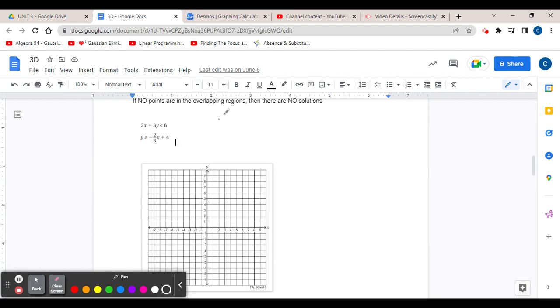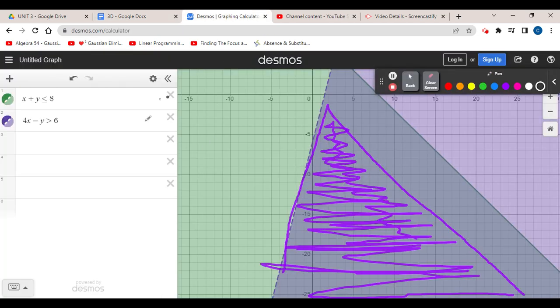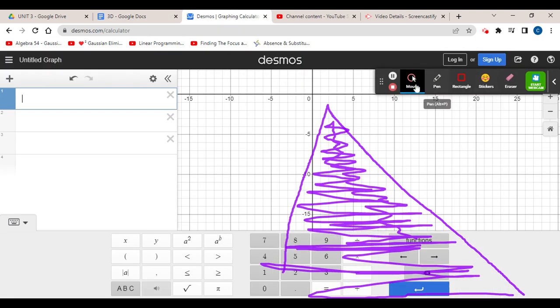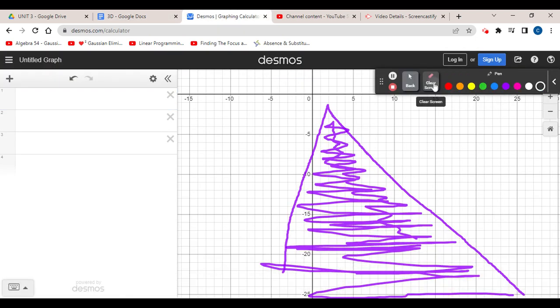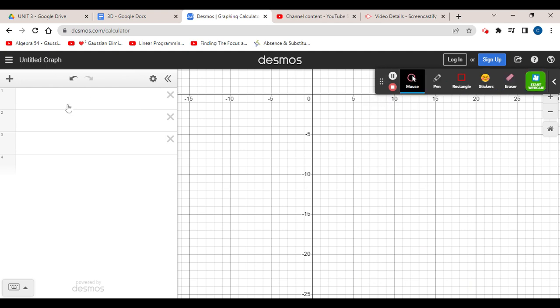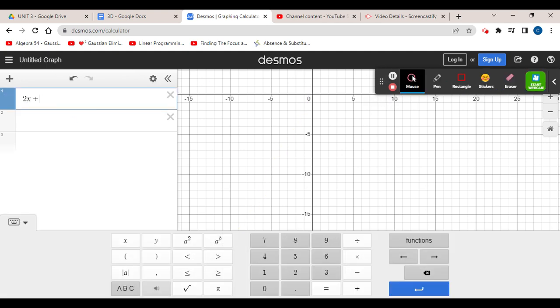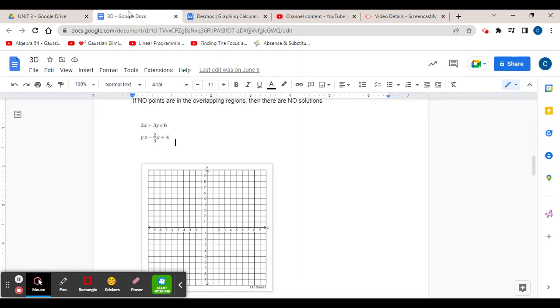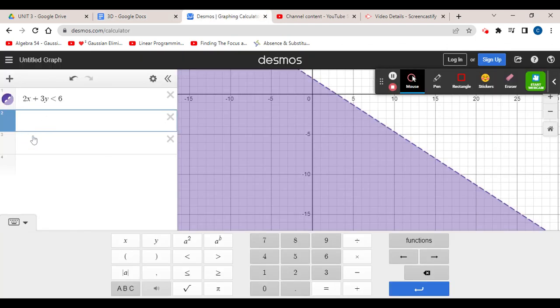If we have no points in the overlapping regions, then there are no solutions. So if we graph these up: 2x plus 3y is less than 6, and y is greater than or equal to negative 2/3 x plus 4.